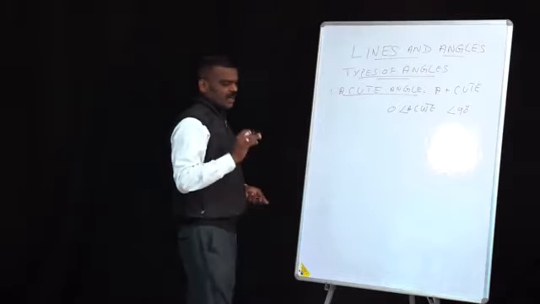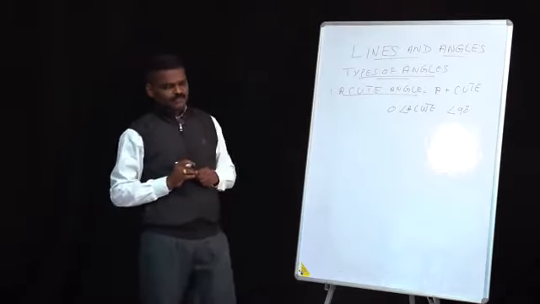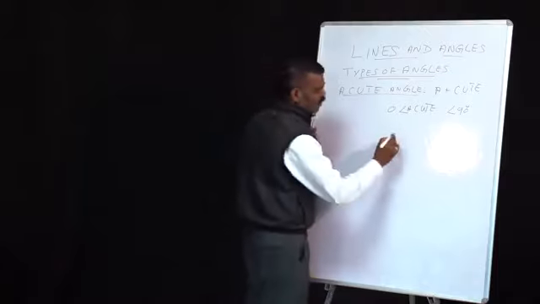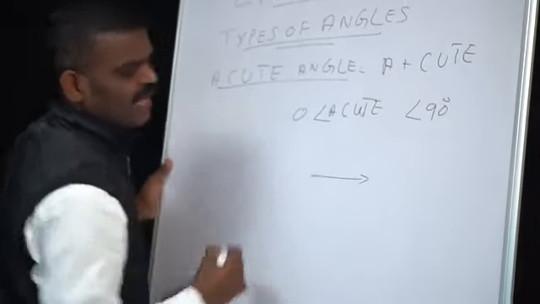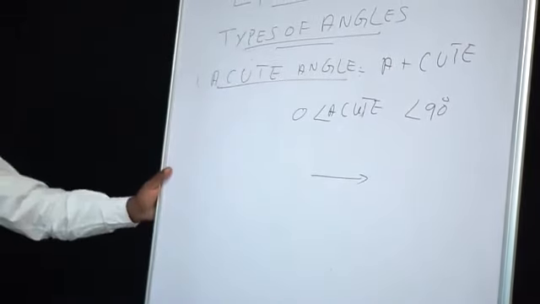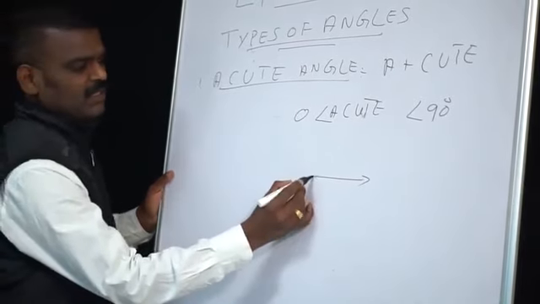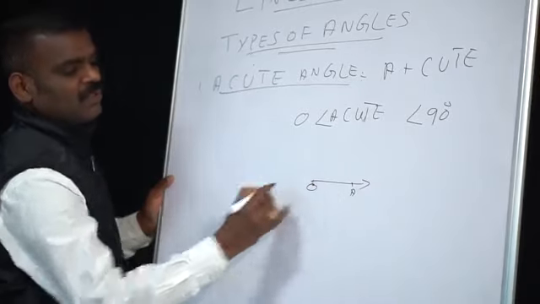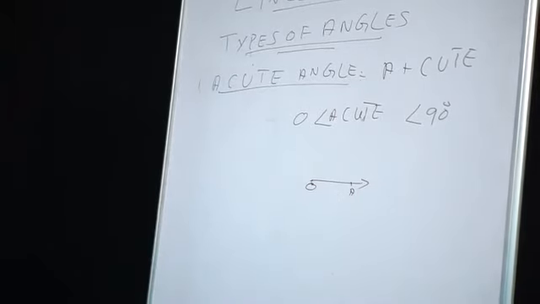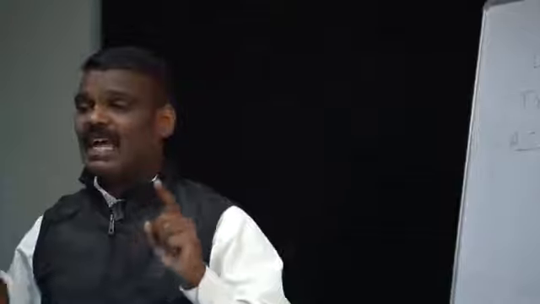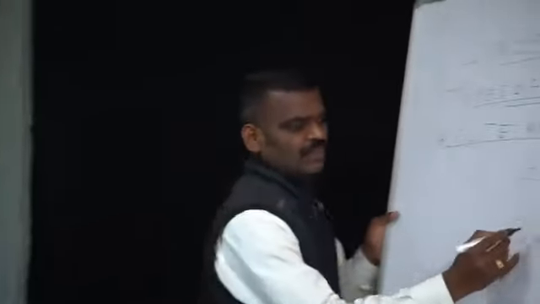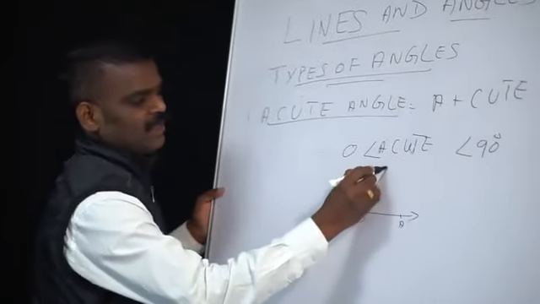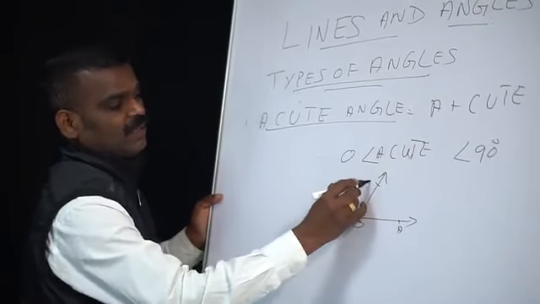Now, how to draw acute angles? You already learned how to draw angles, right? When the starting points of two rays come together, they form an angle. Yes or no? That's what we learned. So, one ray AO, another ray BO.